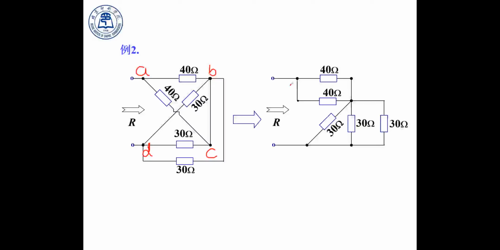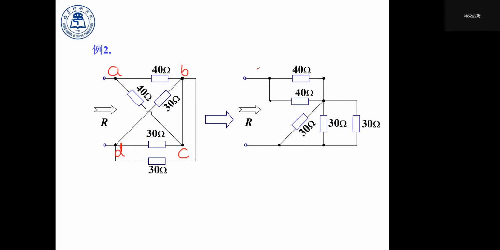So we can transform this into this kind of diagram. We give the resistors a series of numbers: first, second, third, fourth, and fifth. Between point A and B, we have resistor 1.